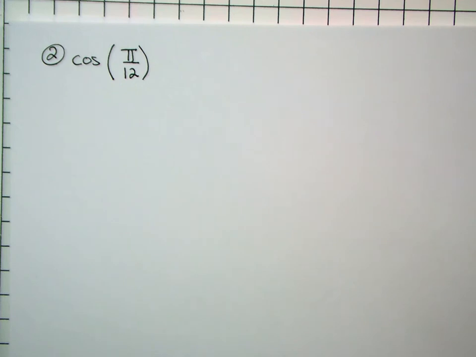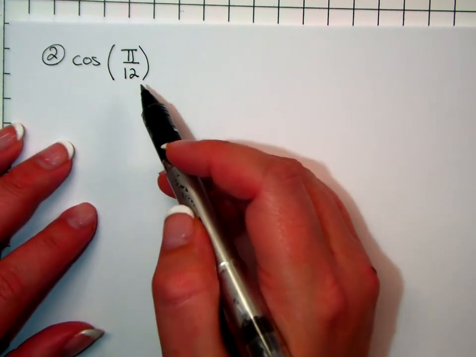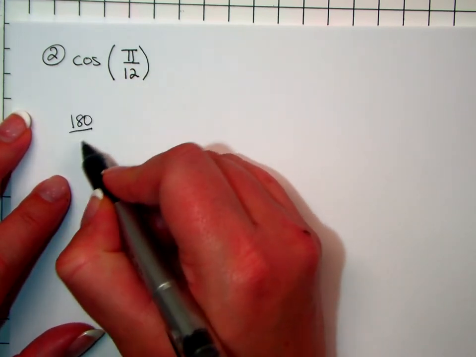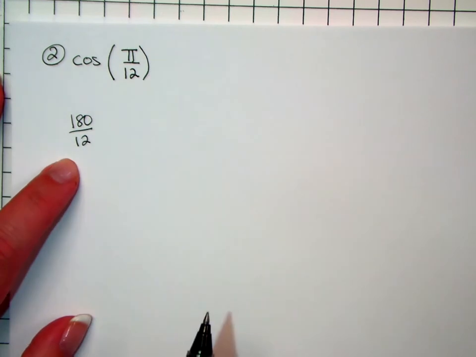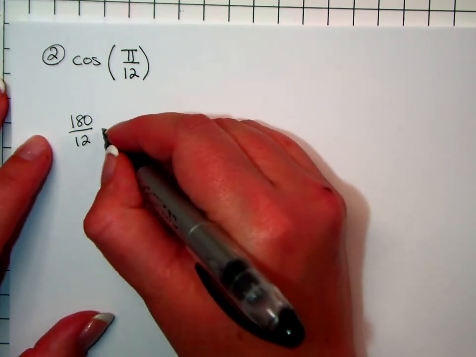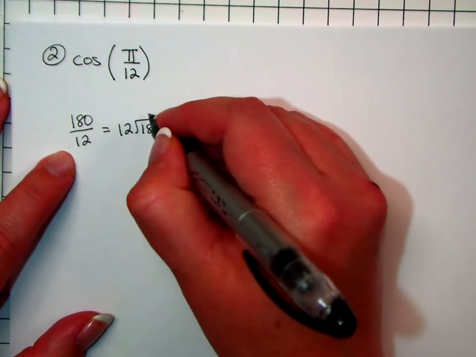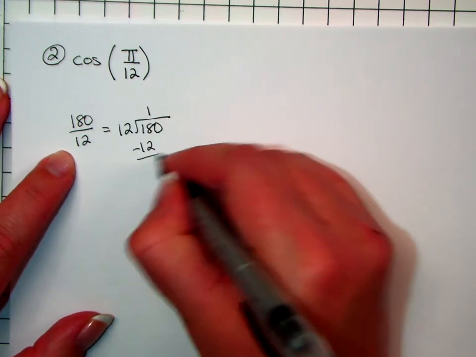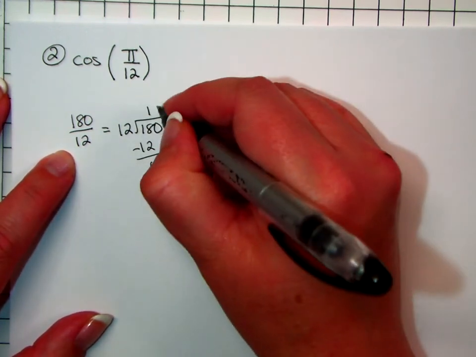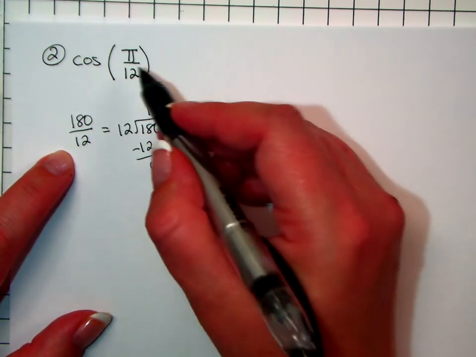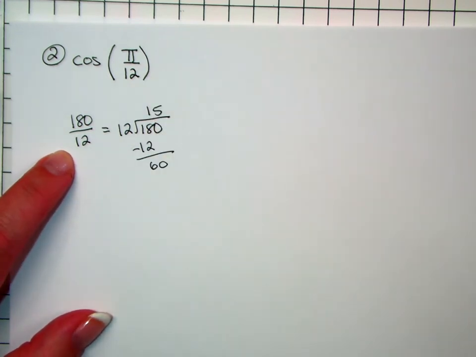We do not have pi over 12. So honestly, I'd probably change this to degrees. If I did 180 over 12, because pi is just 180, I forgot my calculator today, so I'm just going to work this out, and I'm going to get 15. So pi over 12 is equal to 15 degrees.